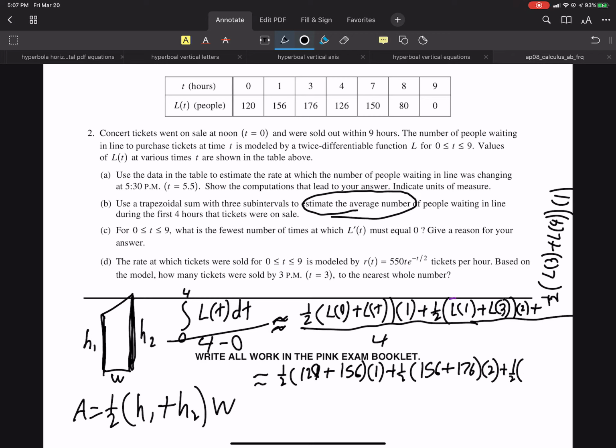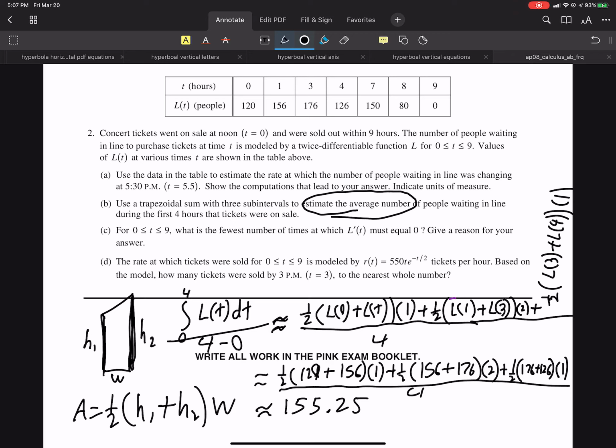And the last one is going to be 176 and 126, times 1. And that's all over 4. And if you work that out on your calculator, it's 155.25 people.